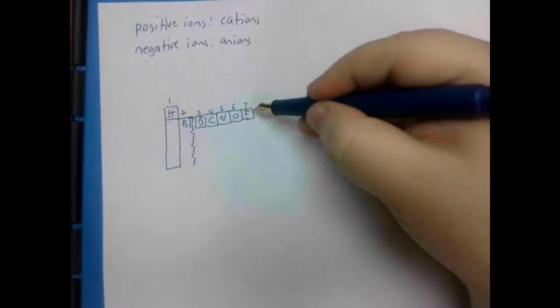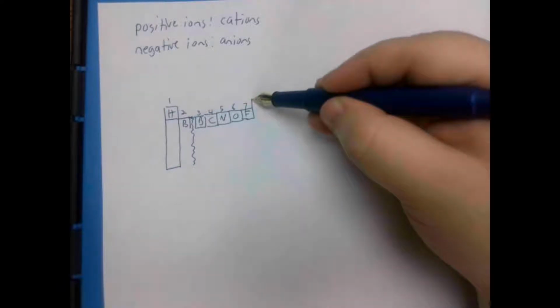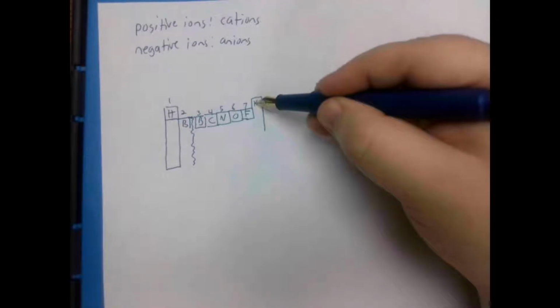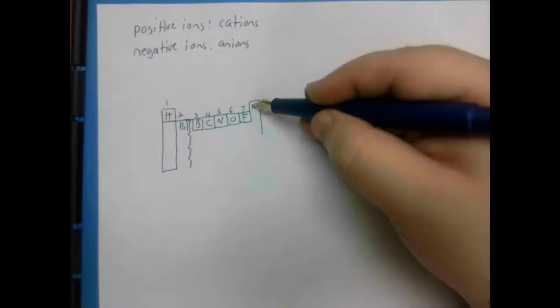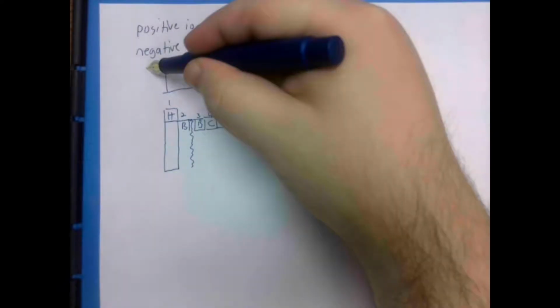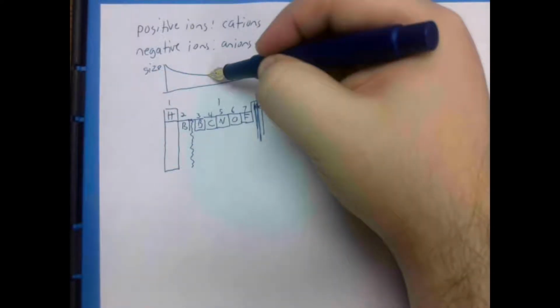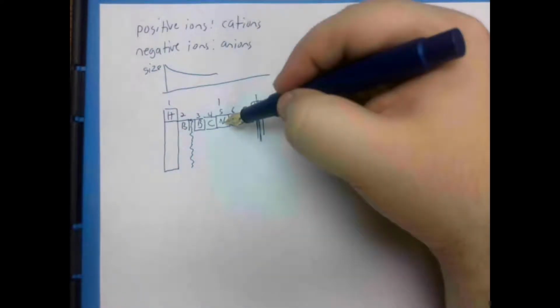You really can't include hydrogen or helium. I mean, you can't really include the noble gases. Why? They don't make ions. So I'll remove this. That doesn't count. So starting here, if I were to plot size, it should decrease as we go to the right. And then once we get here, there should be a sharp increase, and then it should start decreasing again as we go to the right.